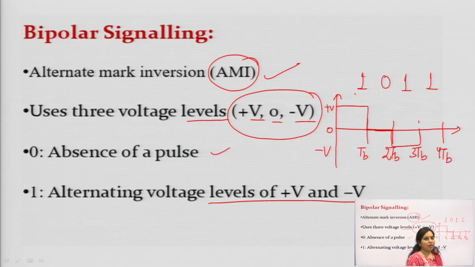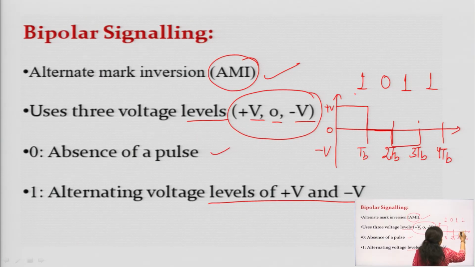For every alternate one in the stream of bits, you have to change the amplitude. First we consider plus V, then for the next one you have to consider minus V, for the next one plus V, then minus V, and for 0 it will be the same throughout the stream, that will be 0 volt.